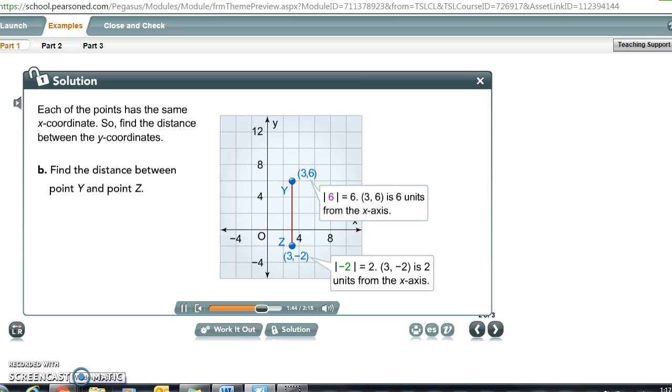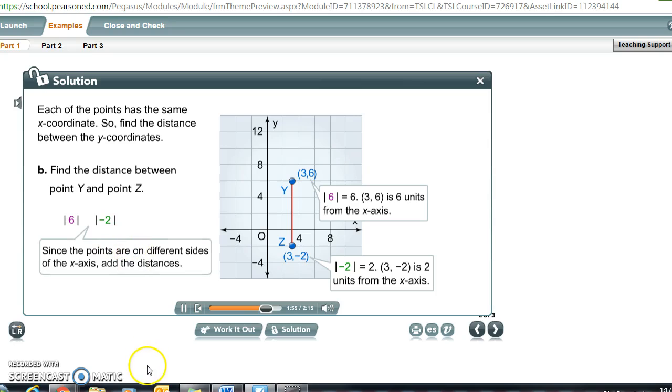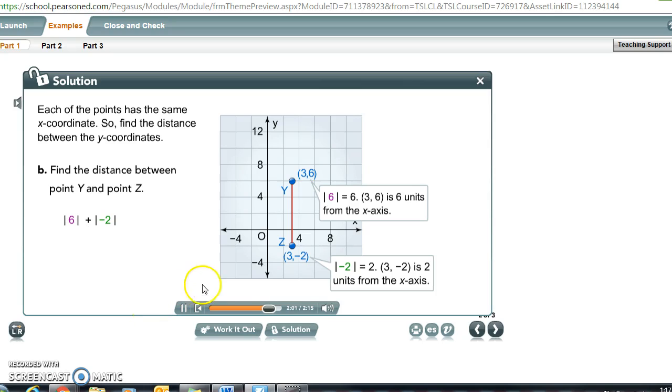The absolute value of negative 2 equals 2. So the point 3, negative 2 is 2 units from the x-axis. Since the points are on different sides of the x-axis, add the distances. The absolute value of 6 plus the absolute value of negative 2 equals 8 units. The distance between point Y and point Z is 8 units.